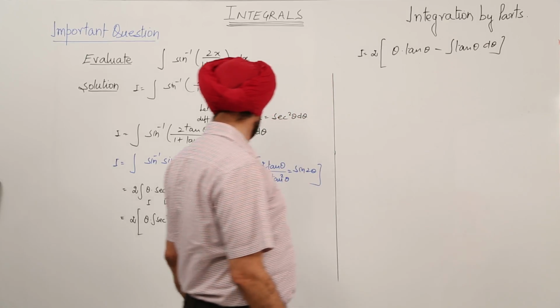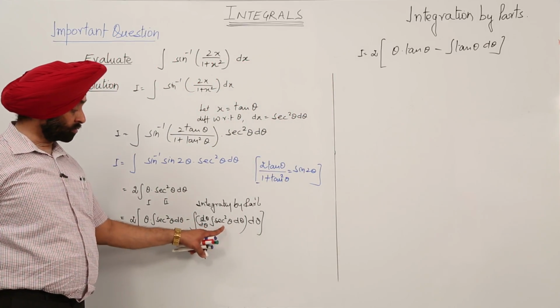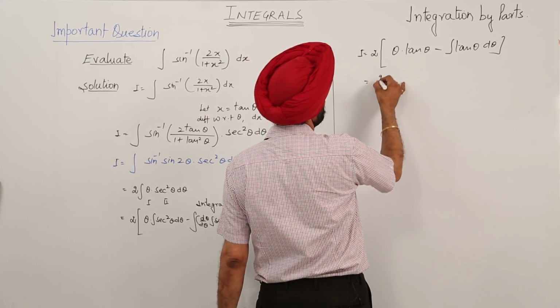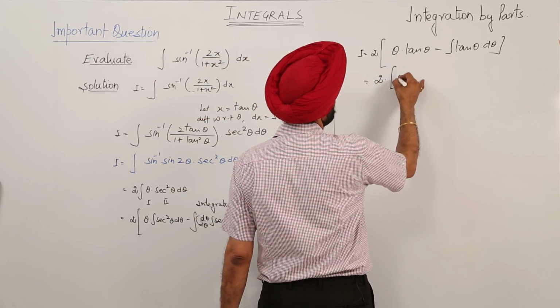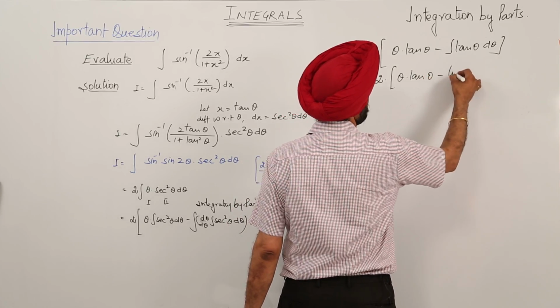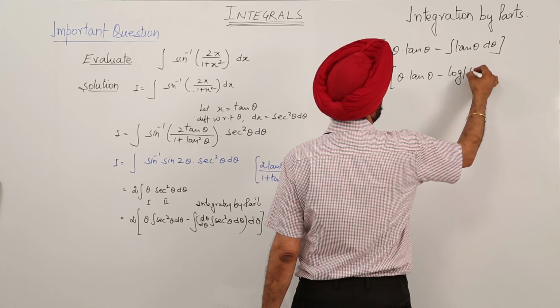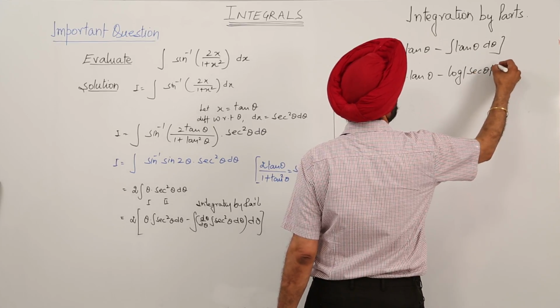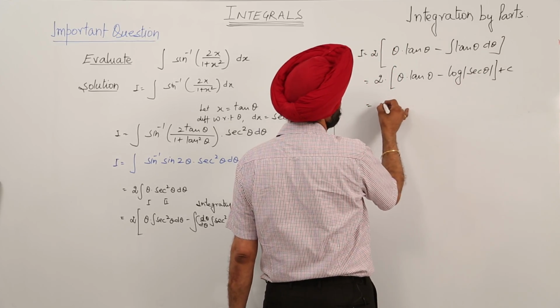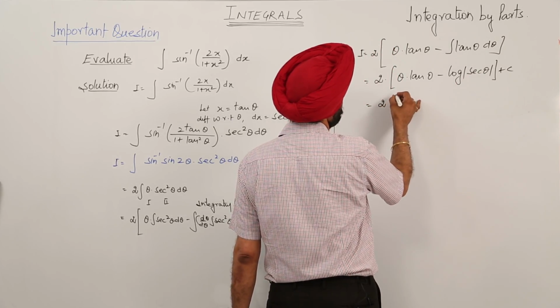Okay, the derivative of theta is 1, and the integration of secant square theta is tan theta. Now this becomes 2 theta tan theta minus log mod of secant theta plus c.